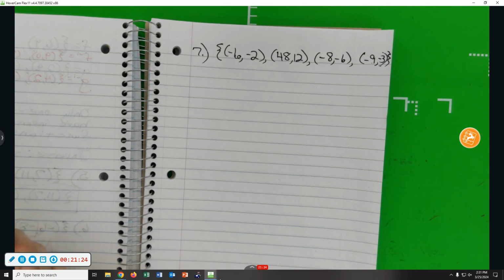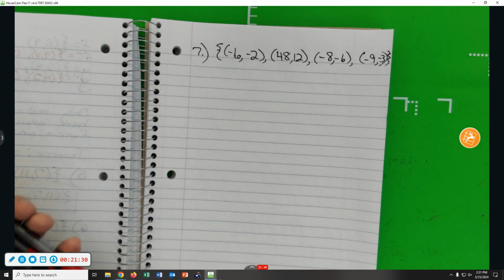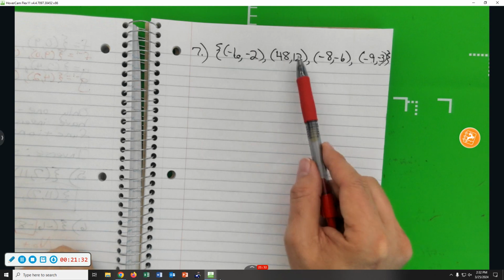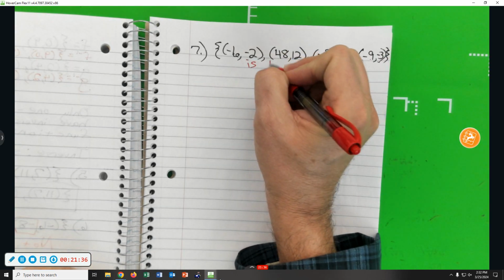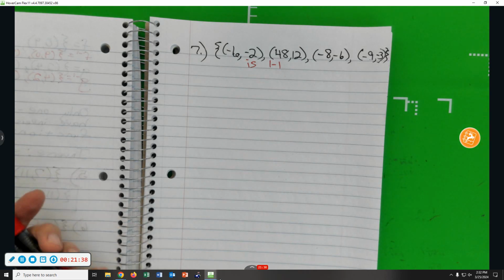Is it one-to-one? If it's one-to-one, we have to find the inverse. So what did you say? Yes, it is. You're right. Every y value is different. So the function is one-to-one. Now let's find the inverse.